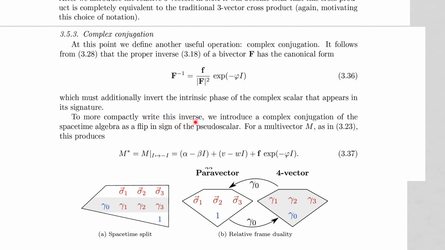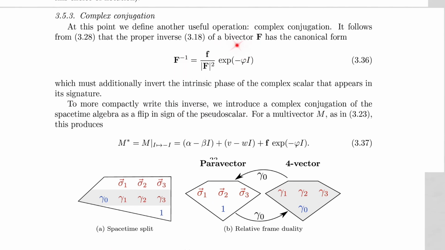To more compactly write this inverse, so I guess they're interested in attacking this canonical form. We introduce a complex conjugation of the spacetime algebra as a flip in the sign of the pseudoscalar. So that answers our question about multiple things that square to minus 1. Forget those other things. We're only interested in gamma 0, 1, 2, 3.